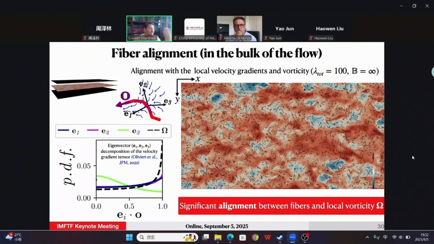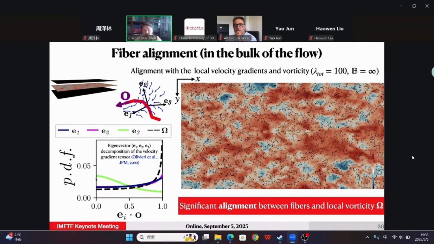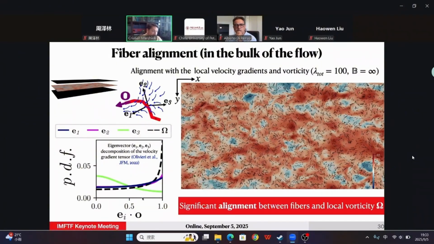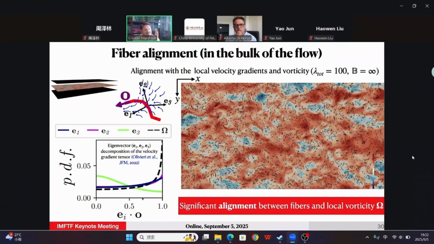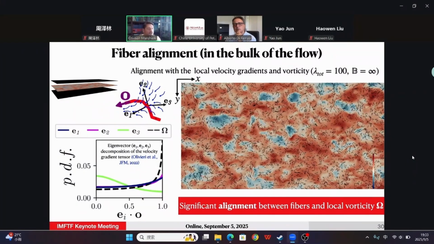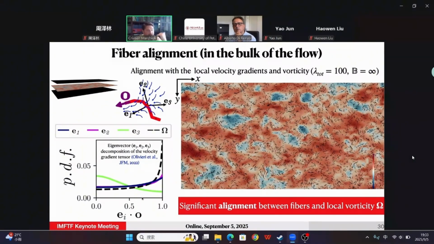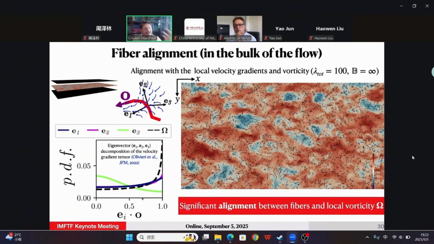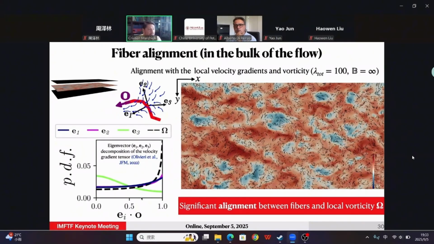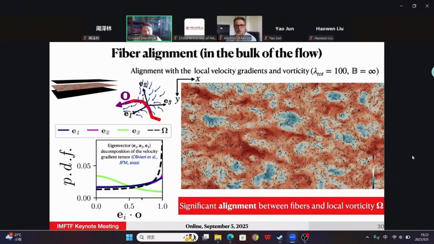So these are, of course, associated with structures. And the reason why we compute this is that this is exactly what experiments run in homogeneous isotropic turbulence show. So this is a sort of validation of our results with experiments when walls are not taken into account.